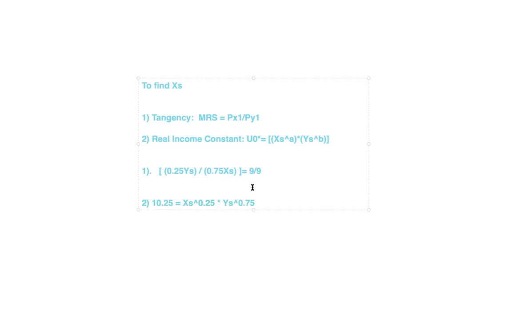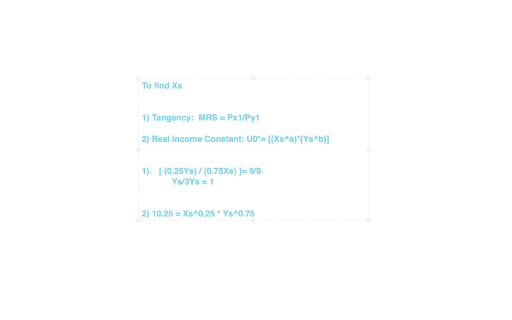And then you're in the exact same situation you were before. You've got to do some algebra. Here, like I said, this example is really nice because the math tends to work out really easily, right? So we have basically YS over 3XS is equal to 1, right?